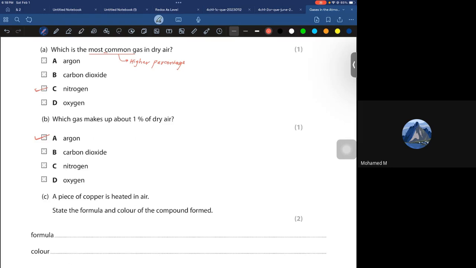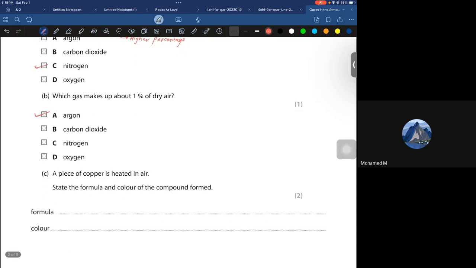Yeah, exactly. A piece of copper is heated in air. State the formula and color of the compound formed. So copper is Cu, and it's going to react with oxygen. Heated in air means it's going to react with oxygen. So obviously it would form oxide of copper, that is CuO.